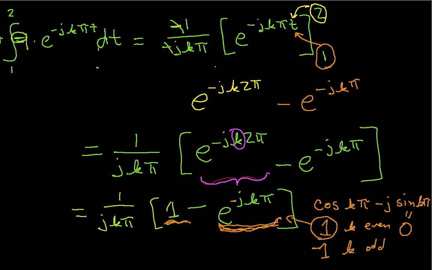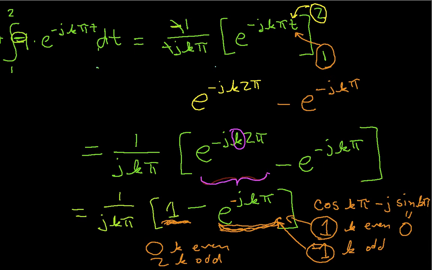When k is odd, I have 1 minus negative 1, which I have here. And that ends up being 2. So this 1 minus e to the minus j k pi is either 0 for k even or 2 for k odd.